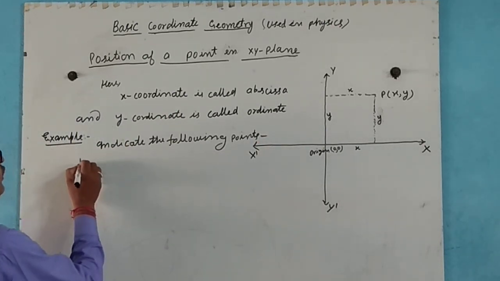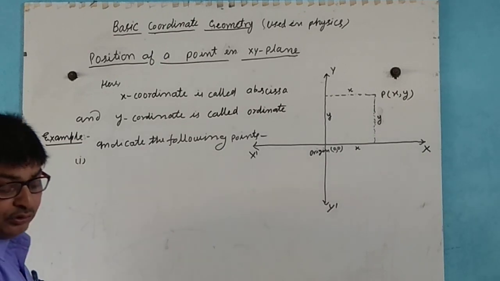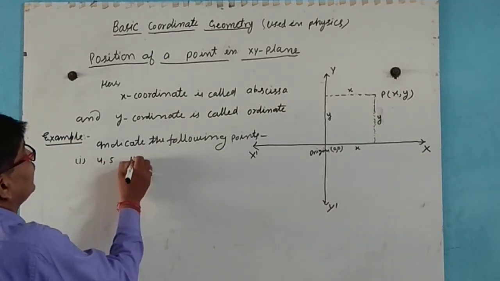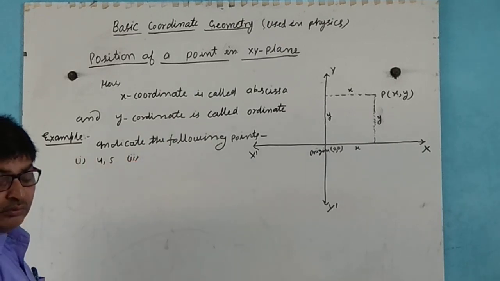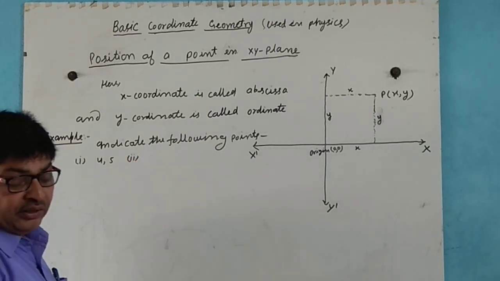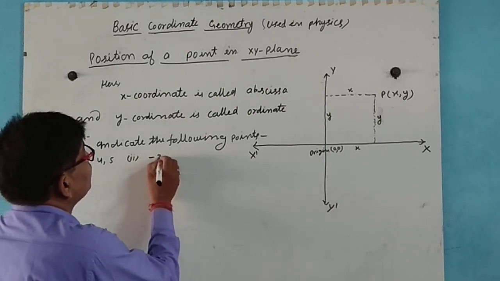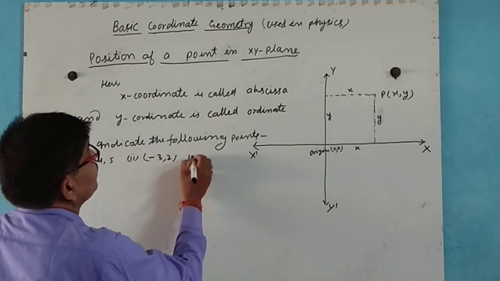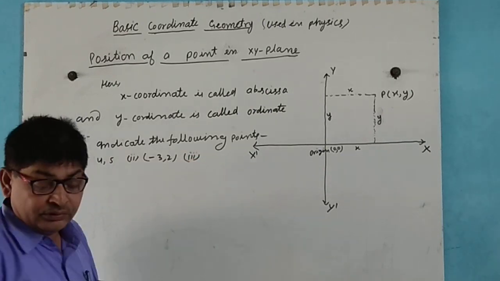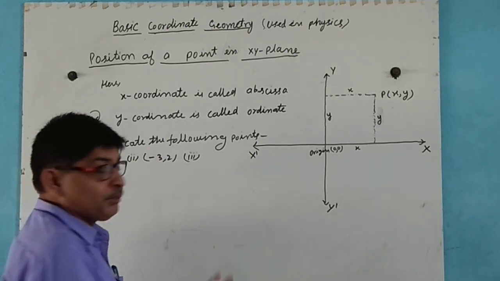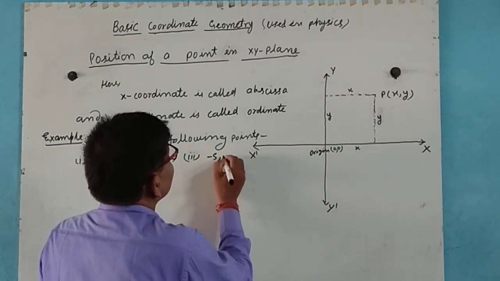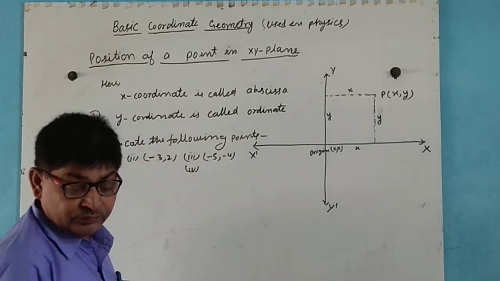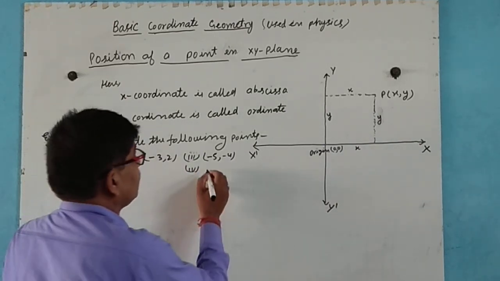Following points: first (4, 5), second (-3, 2), third (-5, -4), and fourth (2, -3).